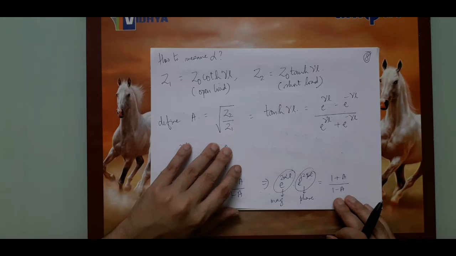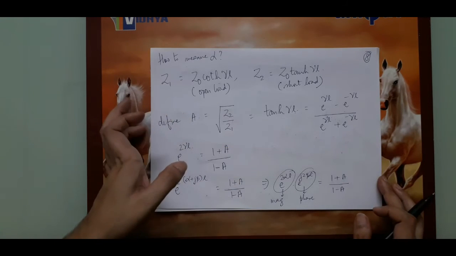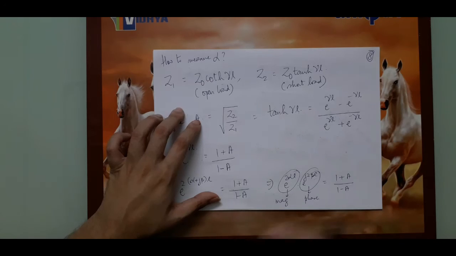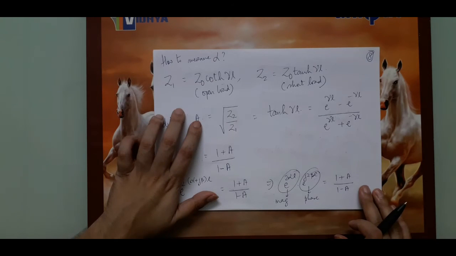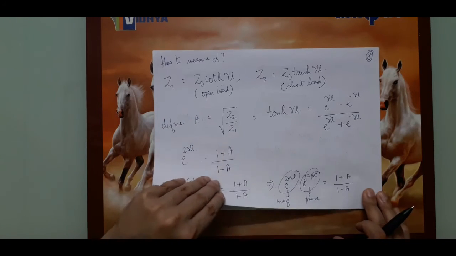As you know, the voltage or the current for a standing wave along the length of the line repeats after every distance of lambda by 2. If I have such a repetition, it means that some kind of a periodic function is in the making.